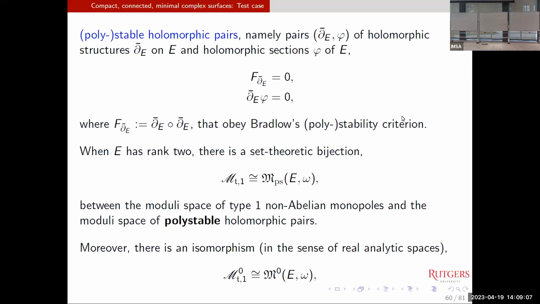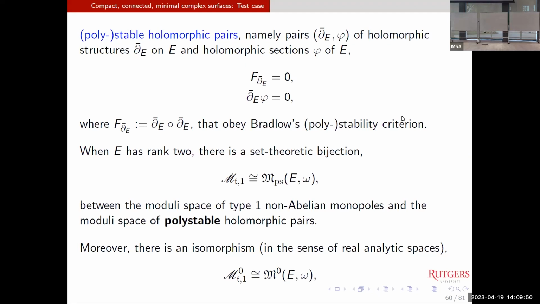Also, around the point where the section is 0, there's a cone-like singularity. So if you cut out that subspace, you get a true isomorphism between the moduli space of type 1 non-abelian manifolds with vortices with non-zero sections and stable holomorphic pairs with non-zero sections.